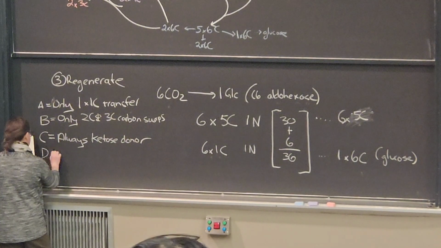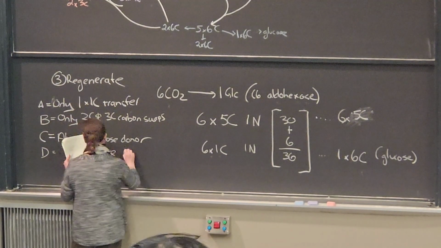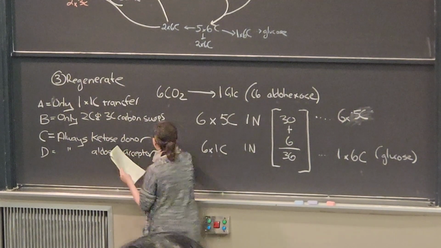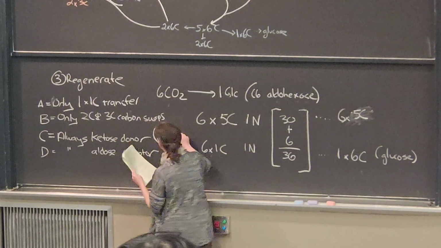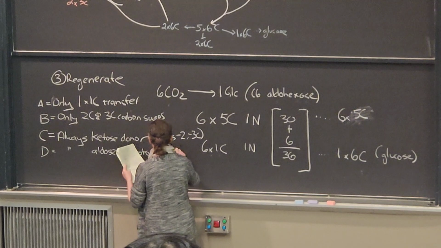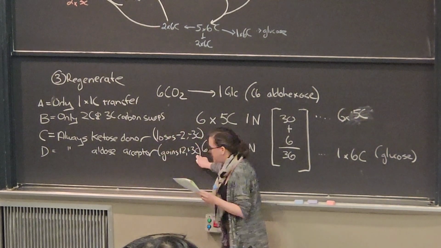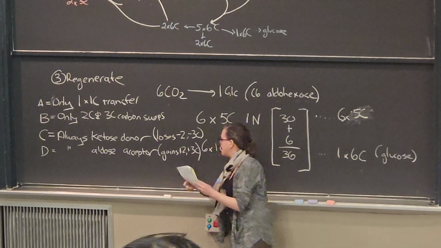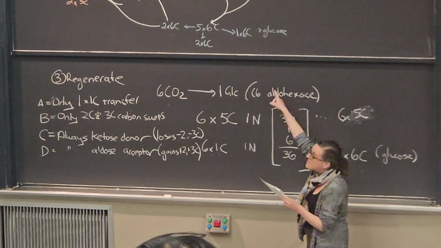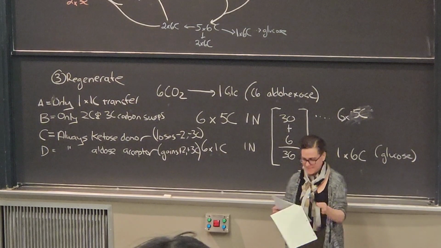And D is that it is always an aldose acceptor. Okay, so this is the thing that loses 2 or 3 carbons, and this is the thing that gains 2 or 3 carbons. Okay, so these are the rules that govern the enzymes that are going to do this carbon scrambling that enables us to do the regeneration phase of the Calvin cycle and make ribulose 1,5-bisphosphate back.